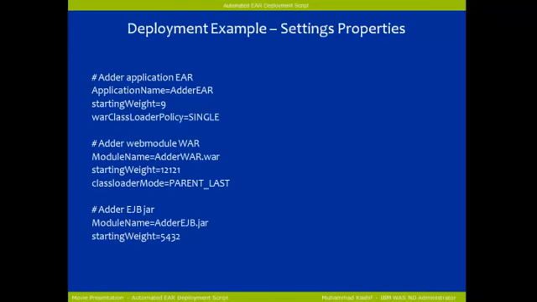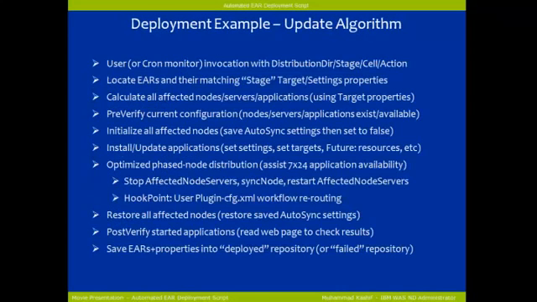Here we have given the application name, starting weight, and one more thing also, the class loader policy. Usually when we do manual deployment, there are some issues with the class loading policy. Sometimes the EJBs are not taken, so it gives some exceptions.